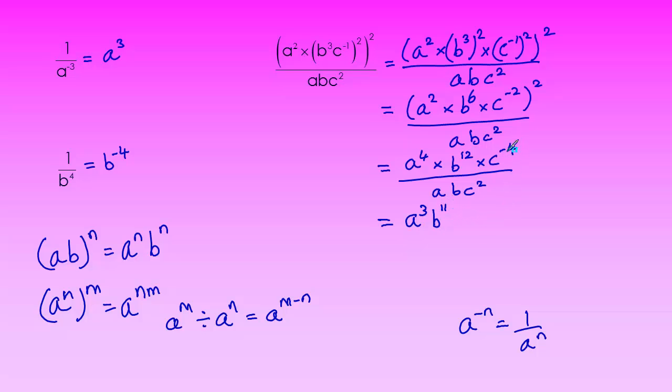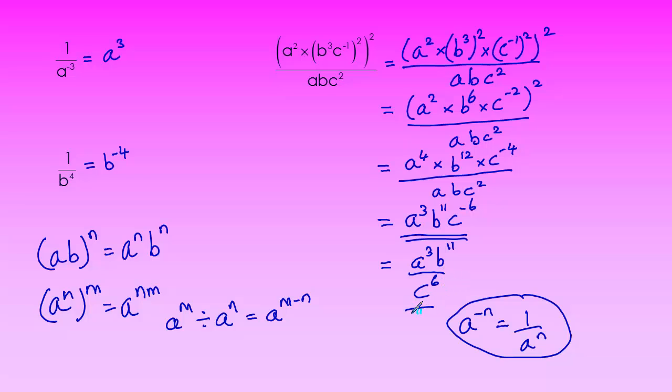And c to the negative 4 divided by c squared, negative 4 take away 2, is c to the negative 6. Now, depending on the situation, we might leave it there or reapply this index law here to write that as a cubed b to the 11 over c to the power 6.